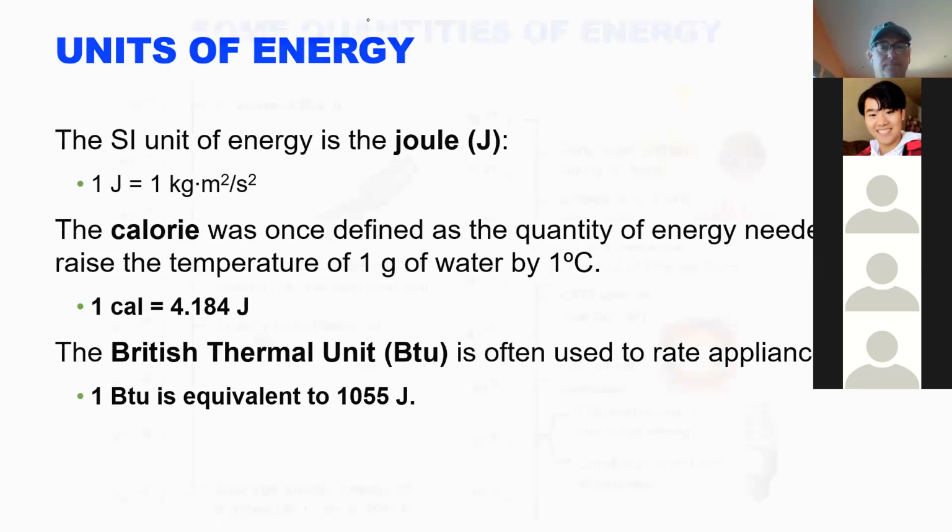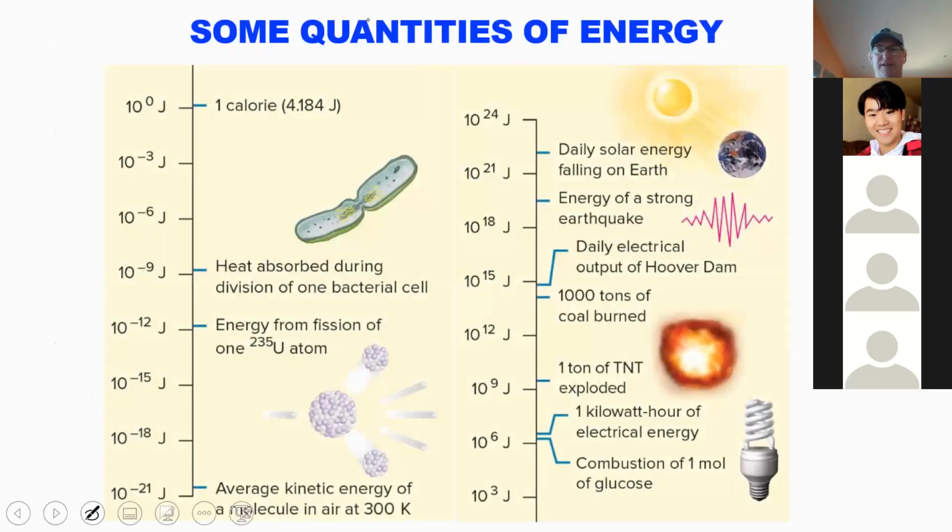So here's just an idea of how much quantities we're dealing with. 1 calorie is that many joules, and we can go down to really small amounts of energy, like 1 molecule of air at the average temperature, which is an incredibly small amount of energy.